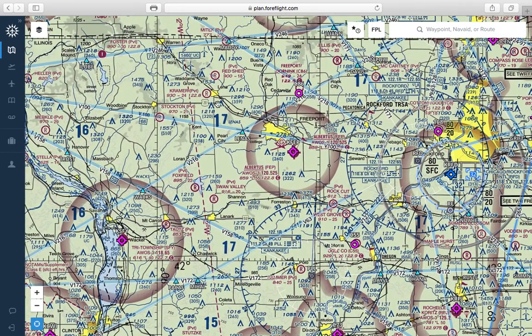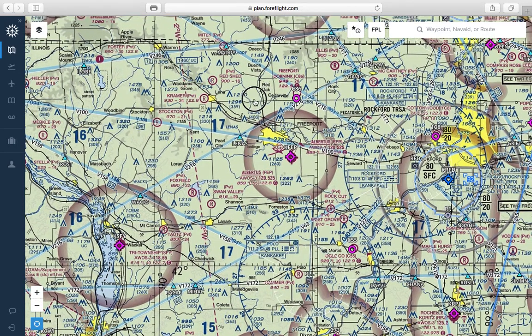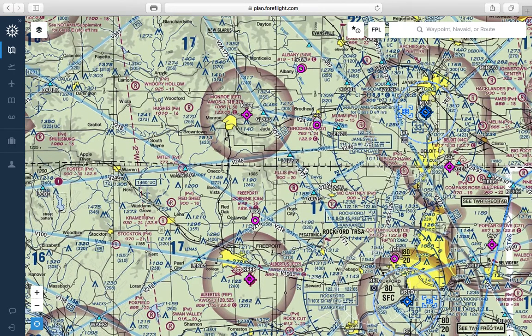That is 5 statute mile visibility, 1,000 feet above, 1,000 feet below, and 1 mile horizontally. Your airspeed restriction above 10,000 feet MSL in Class Echo airspace is basically unrestricted.